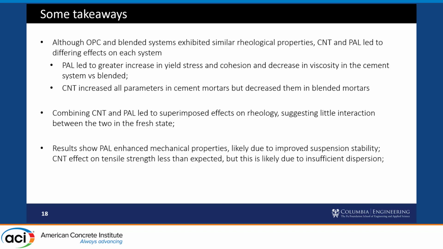And focusing on mechanical properties, the attapulgite clay, although a rheological modifier, did enhance the mechanical properties, likely due to improvement in suspension stability. And the CNT effect, particularly on tensile strength, was not as significant as expected, but we're tying that to issues of dispersion.